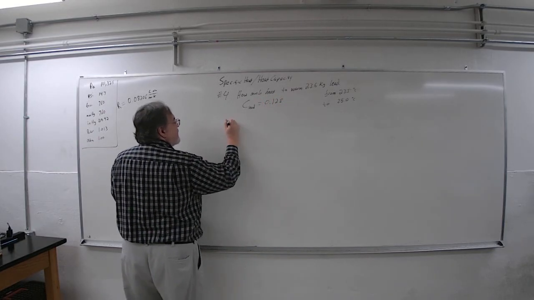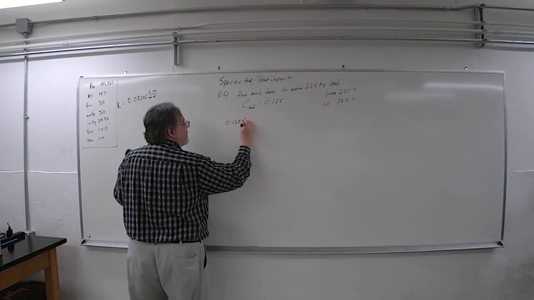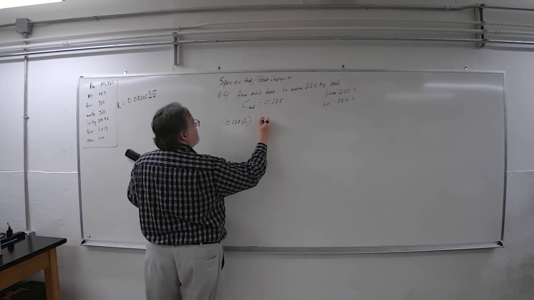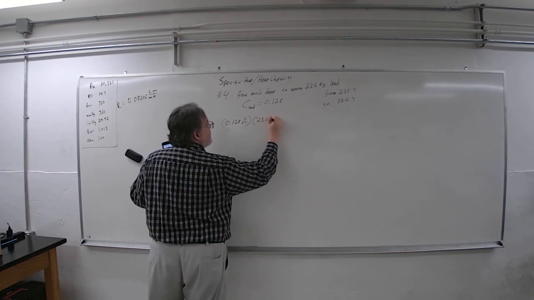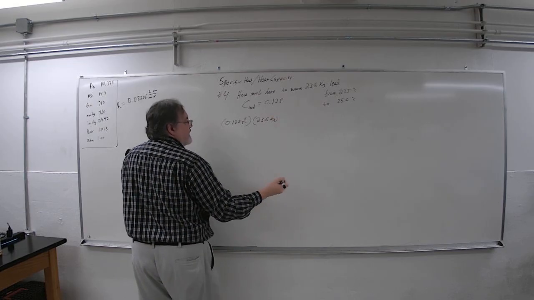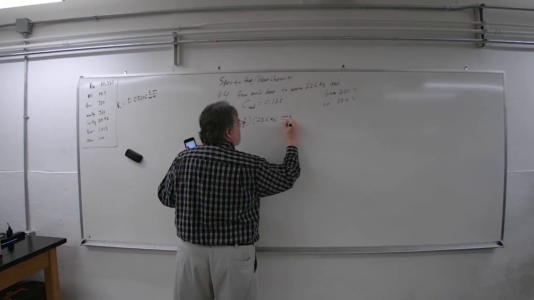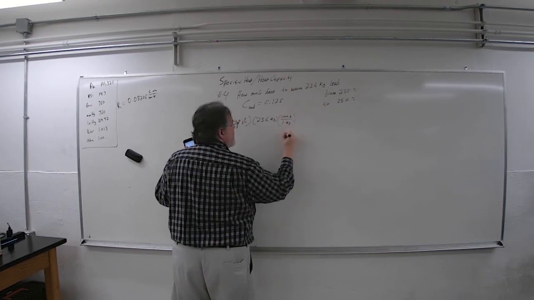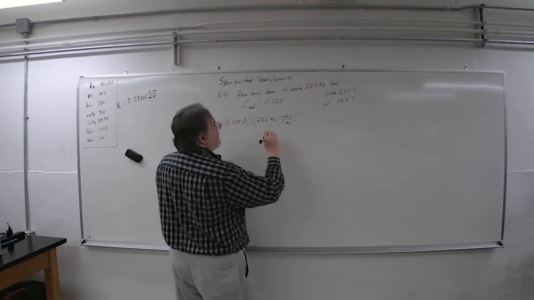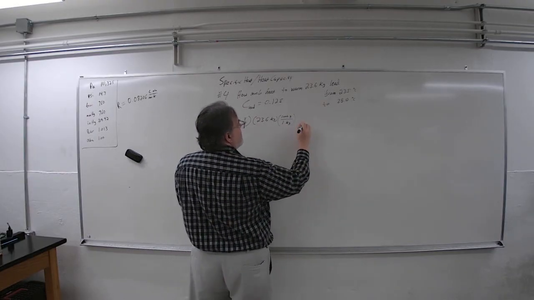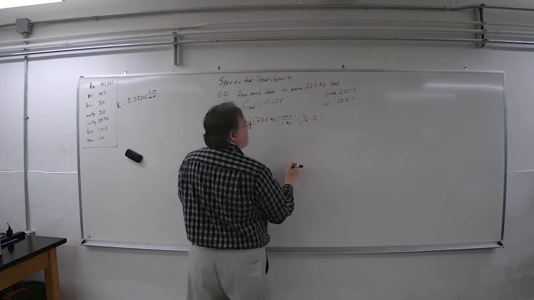So this one we're going to go 0.128 joules per gram per degree C. Mass: we have kilograms, we have to go from kilograms to grams. So we need that conversion. And then the delta T, which is T final minus T initial.